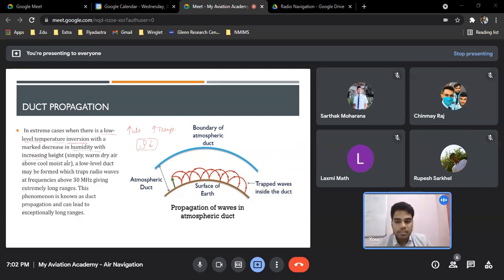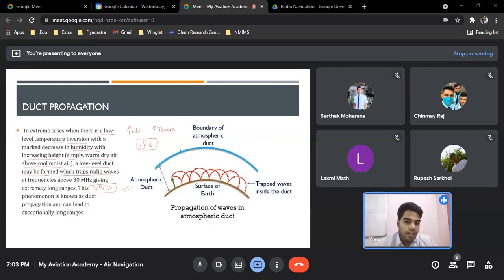Humidity decreases with increase in height, as with dry air. A low level duct is formed at frequencies above 30 megahertz, again VHF and above. This phenomenon is known as a duct and can lead to exceptionally long range.